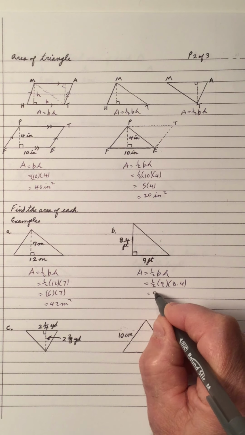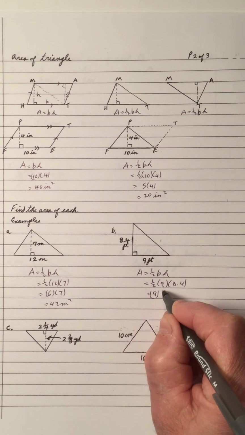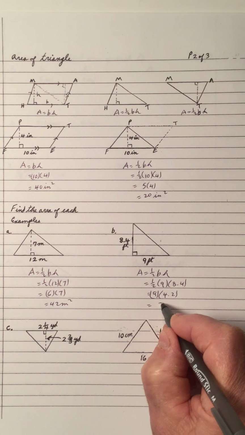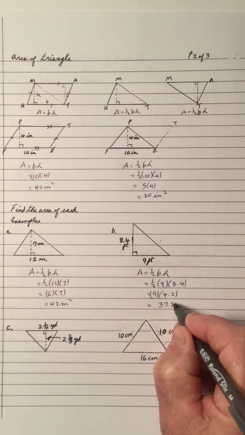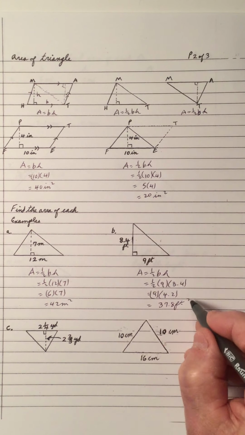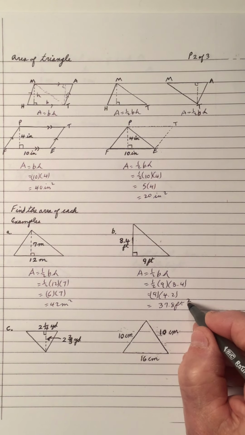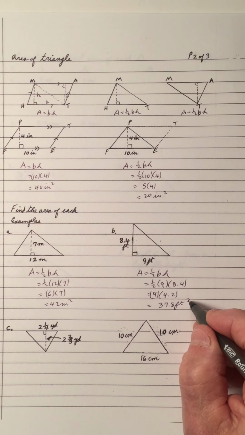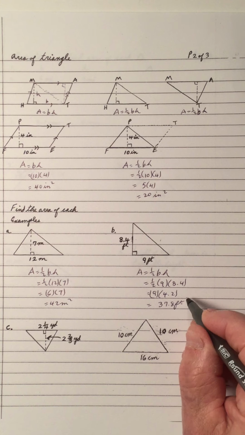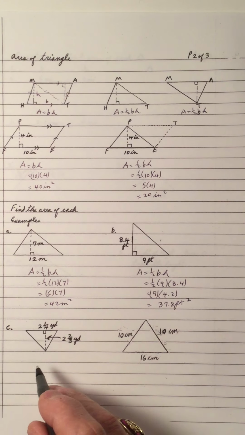And if you want to take a half of 8.4 because it's even, so that's 4.2. And multiply that with a calculator, you get 37.8. And its unit is feet squared. Remember, area is 2 dimensions, so it's a square. Length is 1 dimension, so it's an exponent of 1.